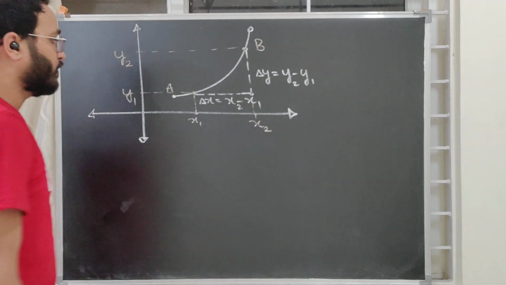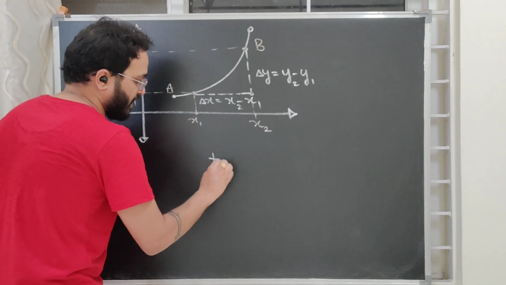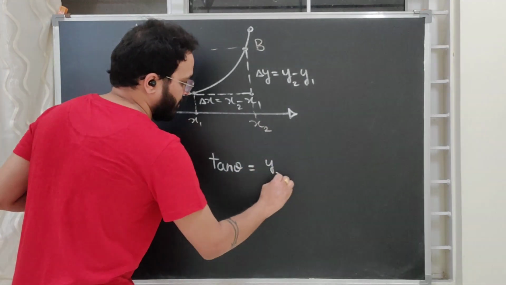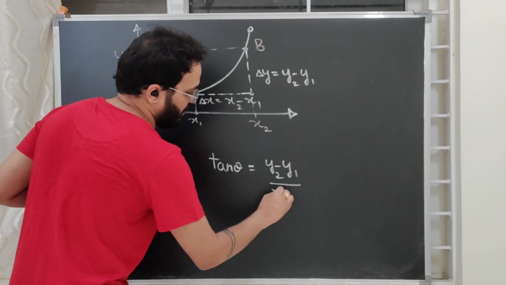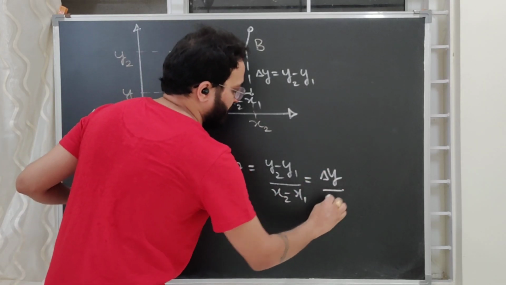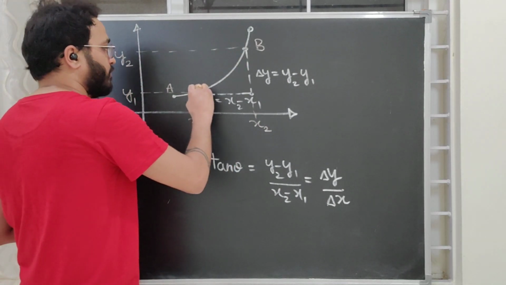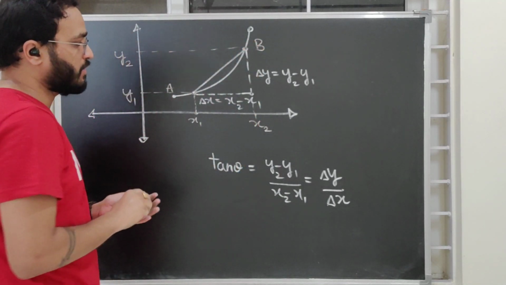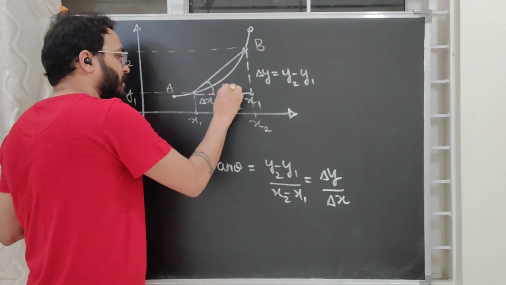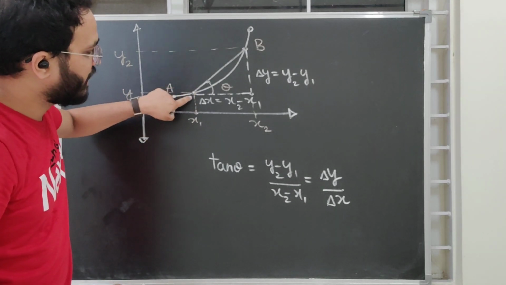Okay, now if I want theta right now, what's tan theta? You will say that tan theta is y2 minus y1 upon x2 minus x1, that is delta y upon delta x. Now let me draw. This is point A, this is point B. Don't you think this time I am getting the angle theta, and tan theta is not the slope of the tangent here.